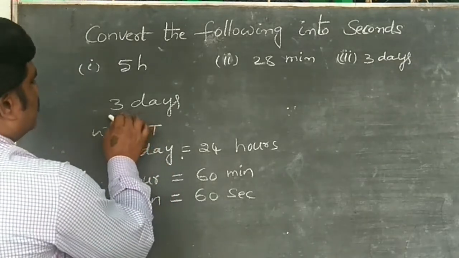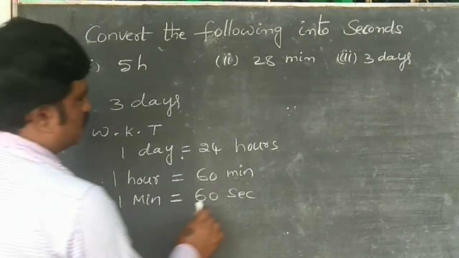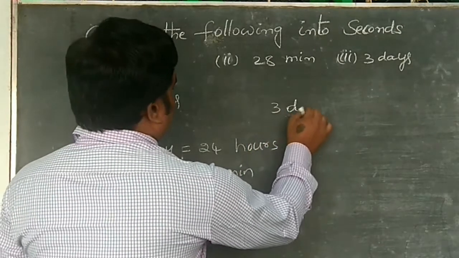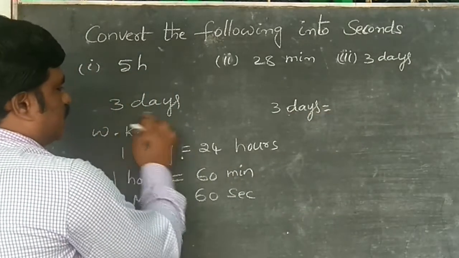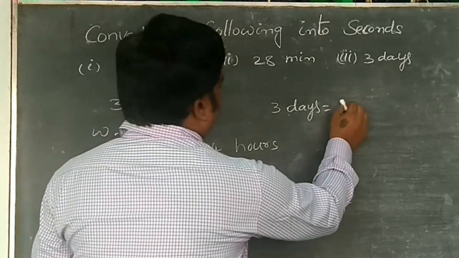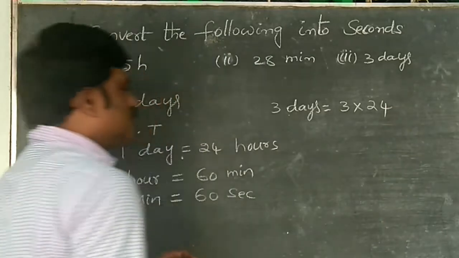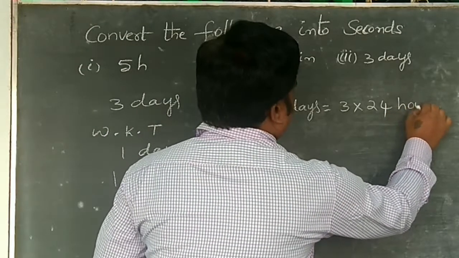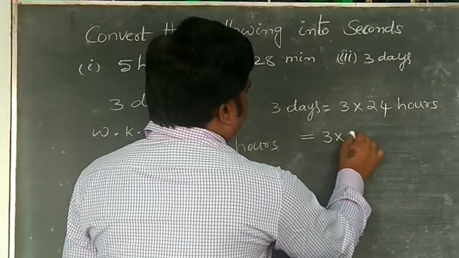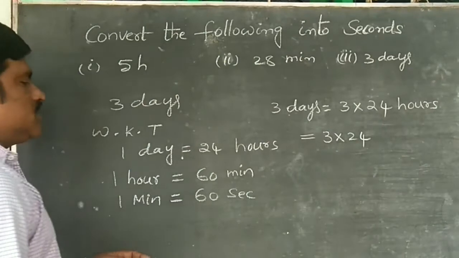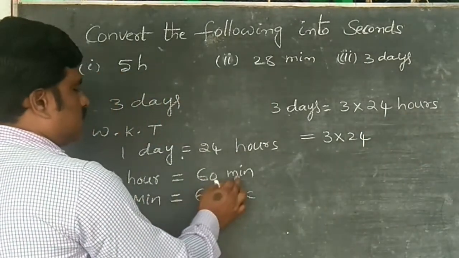Now we convert days into seconds. That is, 3 days is equal to, first of all we convert into hours. So 3 into 24 hours. After that we convert hours into minutes. 1 hour is equal to 60 minutes.